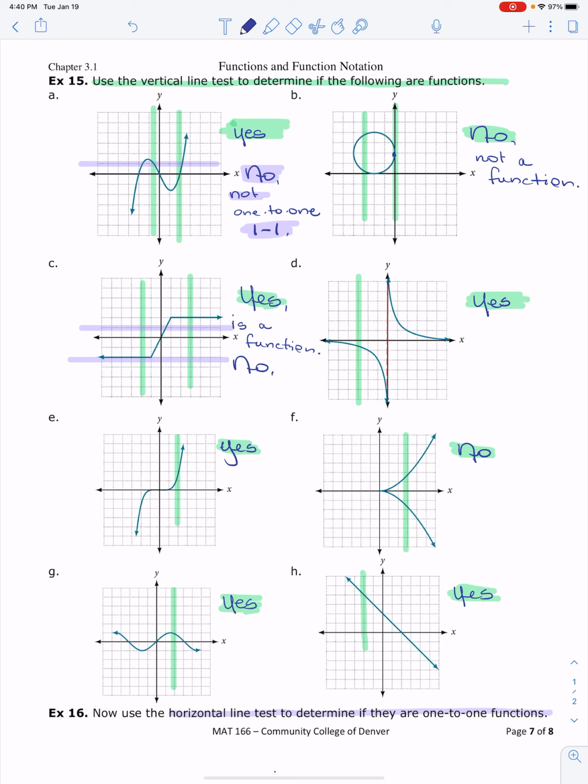So no, this one is not one-to-one. And let's take a look at our reciprocal function on D. If I draw this one here, it only crosses once, remembering that that red dotted line is not part of our function. So yes, this one is 1-to-1.